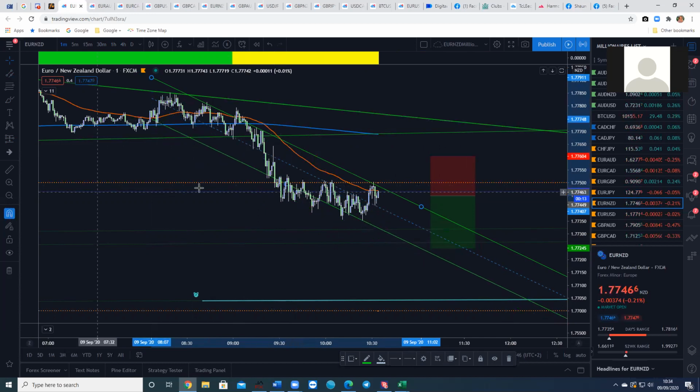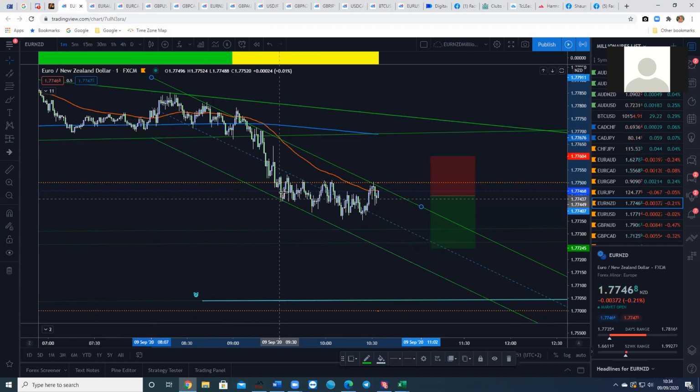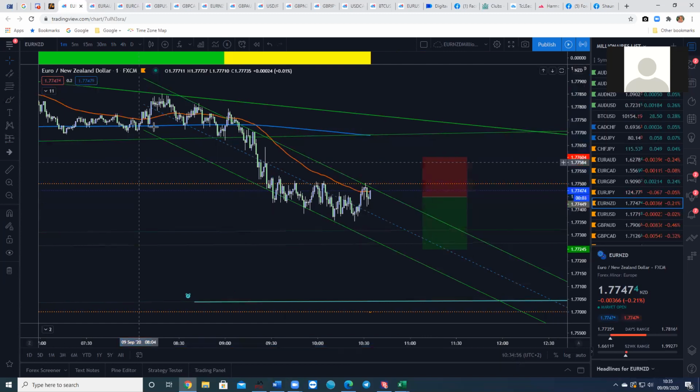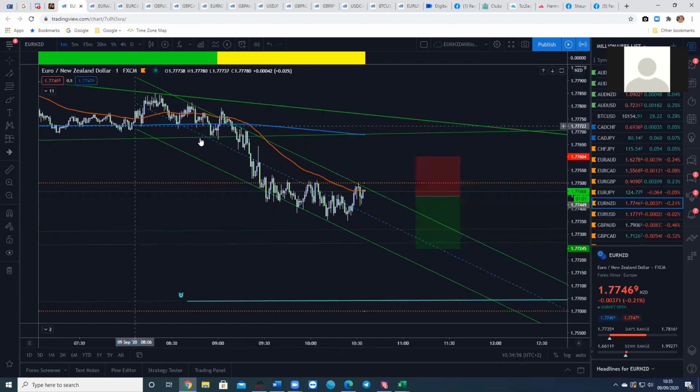Get rid of the magnet. So you need to pick up as many touches as you can. So it gives you a good eye for it. So channel touch, very shallow, down for a sell there. Stalling out, so it's looking like it wants to break this channel.